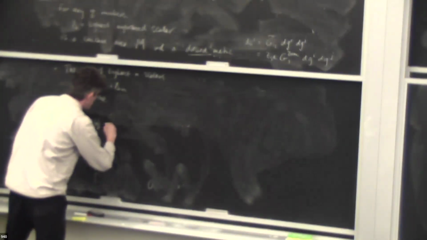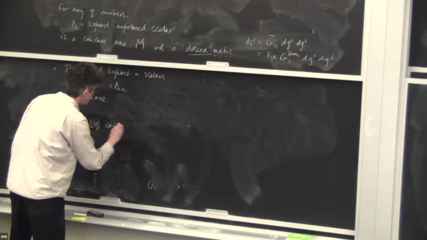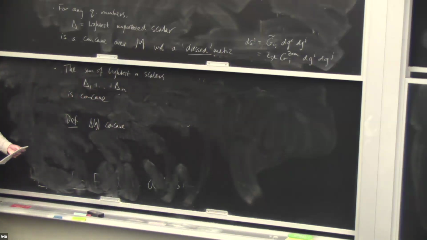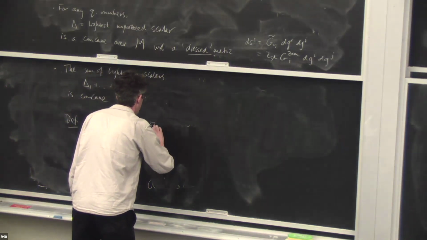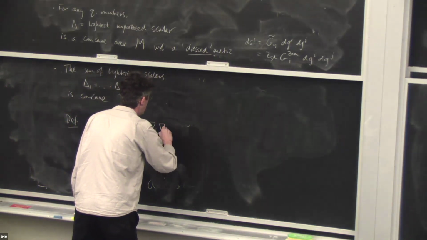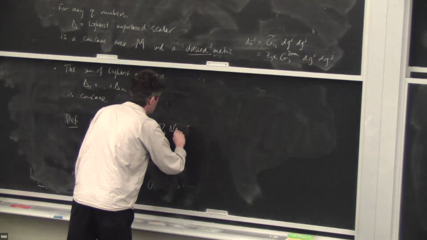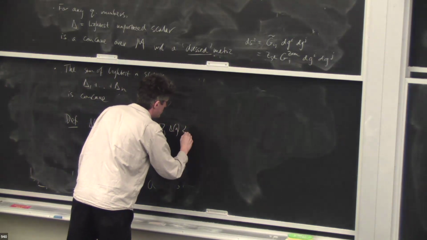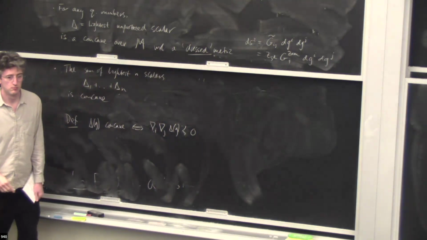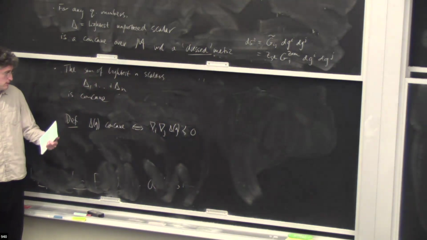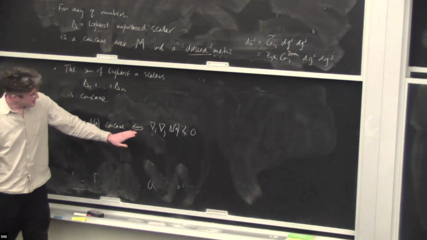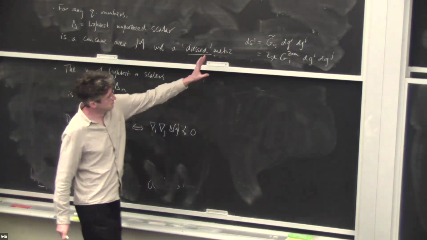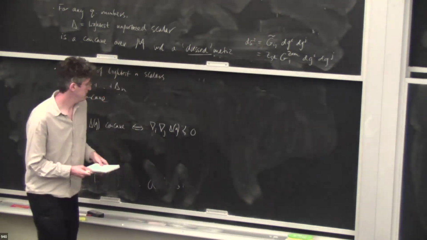So a function over the conformal manifold is concave with respect to this dressed metric if its covariant Hessian is negative definite. It's a very simple generalization of what we normally mean by concave. But just bear in mind, these are covariant derivatives with respect to this tilde metric.